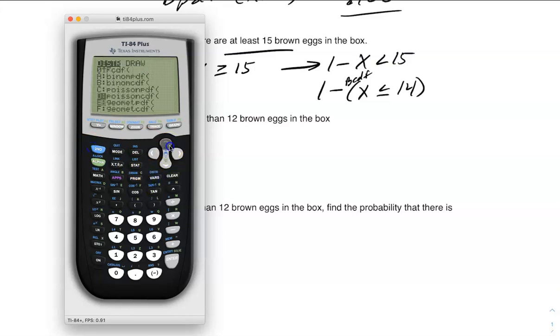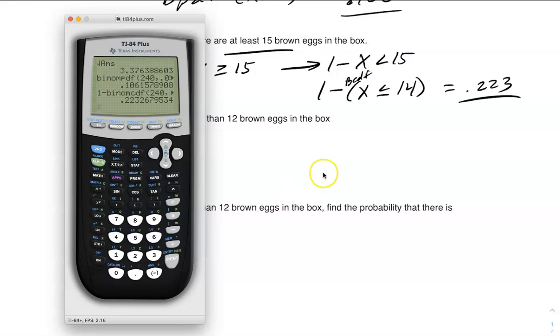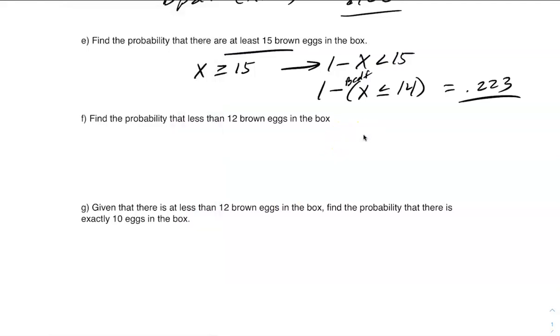So second distribution, CDF, sorry. We have 240, 0.05, 5%, and then 14. And we get 0.223. So that's the probability of getting at least 15 brown eggs in the box. That's a lot of brown eggs in the box.